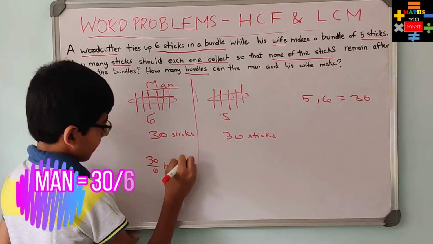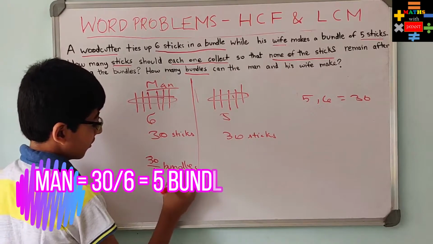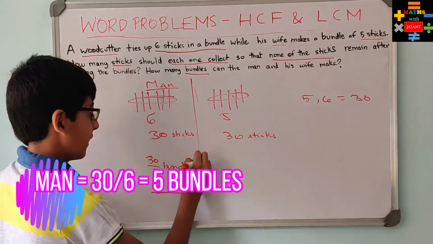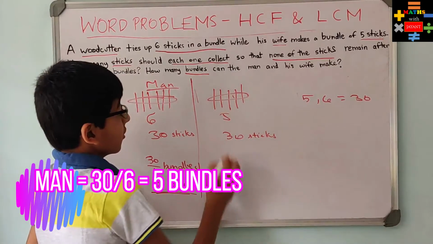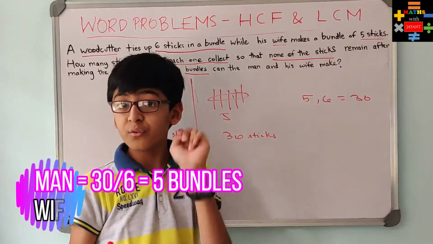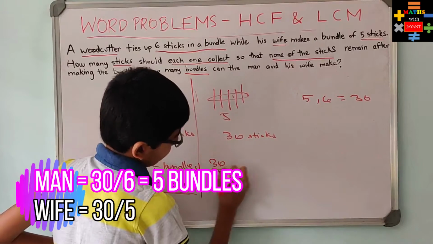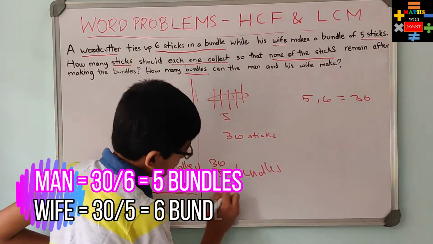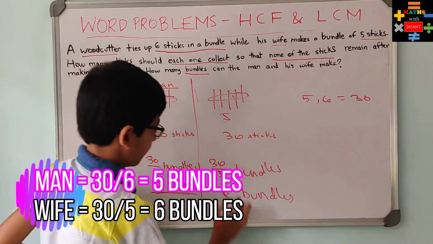If we divide, it will be 5 bundles. So the man can make 5 bundles. Let's move on to his wife. The wife makes bundles of 5, so we will have 30 divided by 5 bundles for the wife. And 30 divided by 5 is 6, so the answer is 6 bundles.